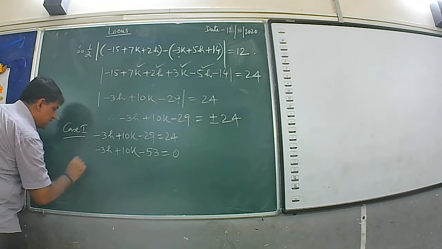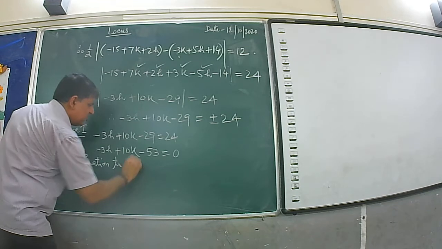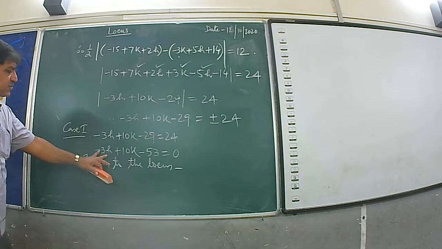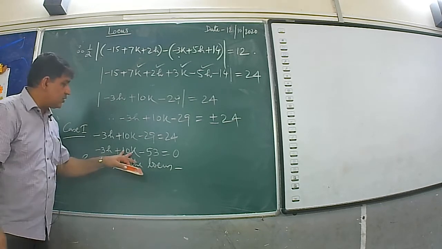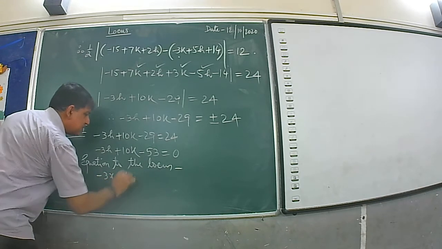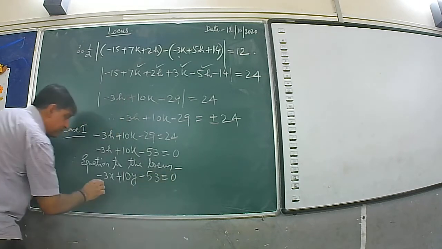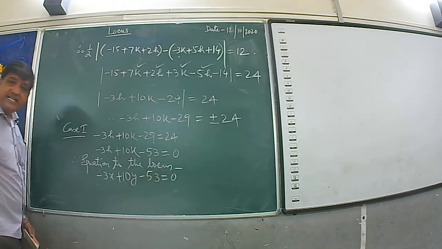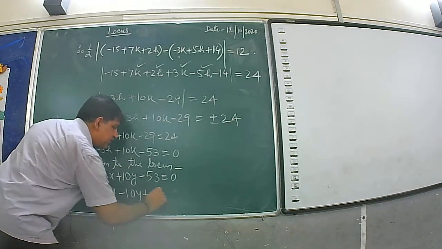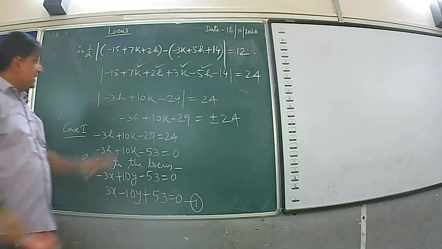Therefore, the equation to the locus: in the place of h we write x, and in the place of k we write y. So we have the locus as minus 3x plus 10y minus 53 is equal to 0, and further we can multiply both sides with a minus sign, and the result will be 3x minus 10y plus 53 is equal to 0. So this is your first locus under this condition.